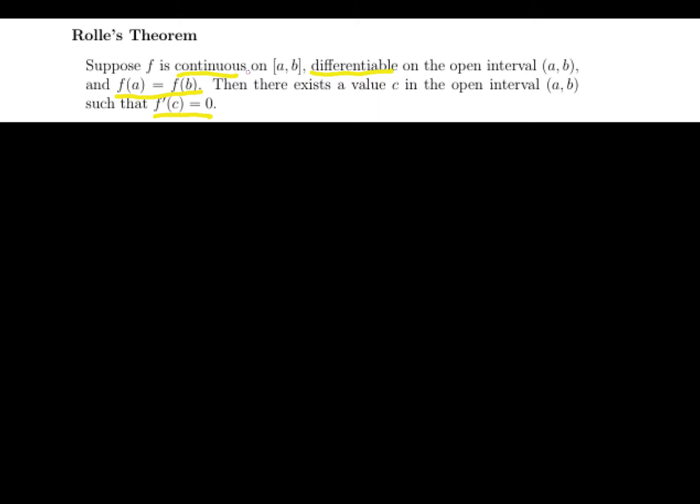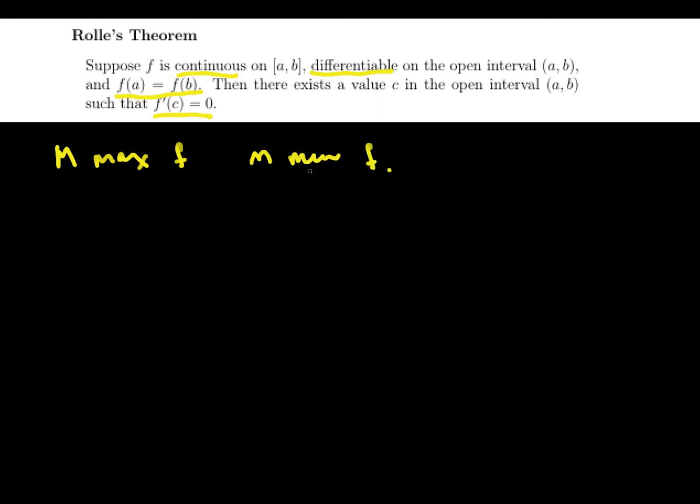Let's take a look at this. We know that it's a continuous function. And so we know from our previous discussion, the extreme value theorem, that it's going to have a max. Let capital M be the max of f and little m be the min of f.